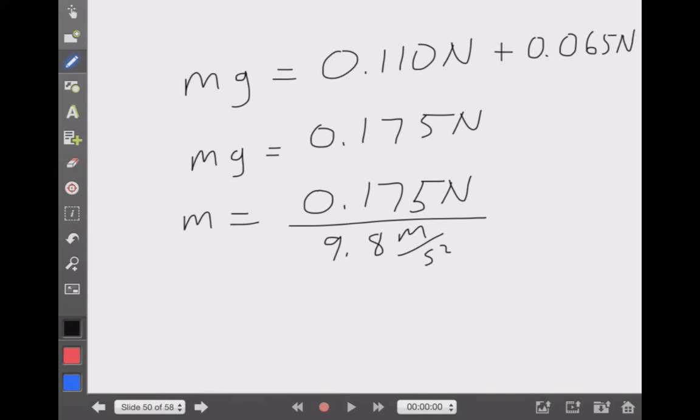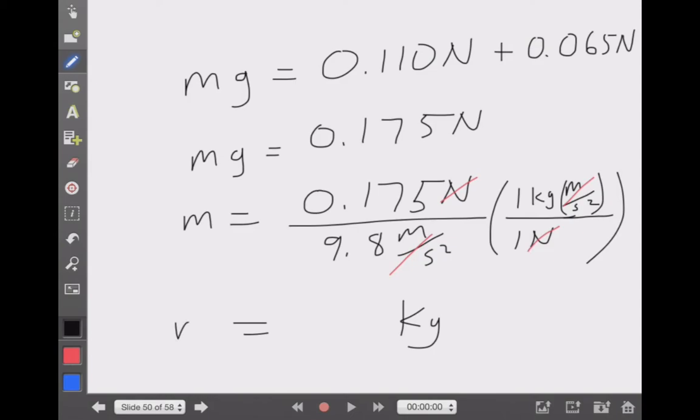1 newton equals 1 kilogram meter per second squared. And so we can then cancel these units. This cancels that, and this cancels that, and our final answer is left in kilograms, which is exactly what we want. It's a reasonable unit.